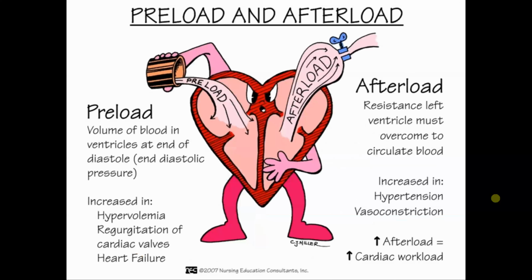Okay, so preload is going to be the amount of blood coming in, you get the stretching, and then if you get enough stretching, you can have a stronger contraction. Afterload is the resistance that the ventricle meets when it's contracting.